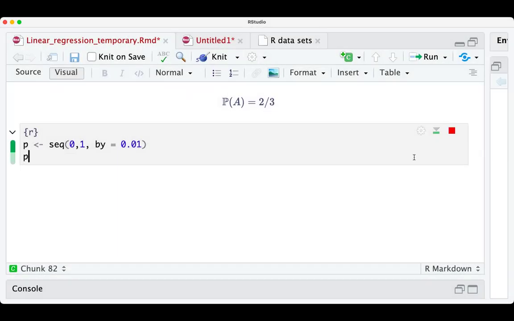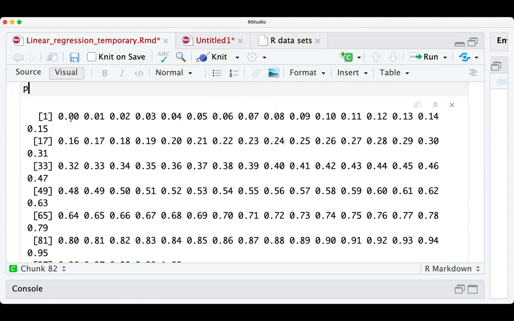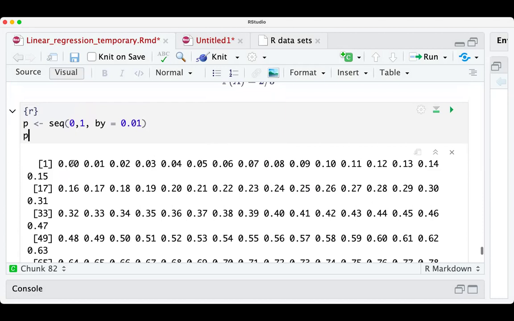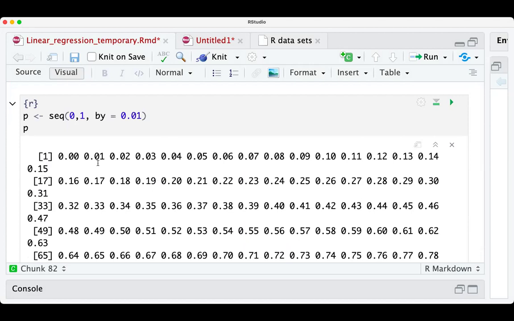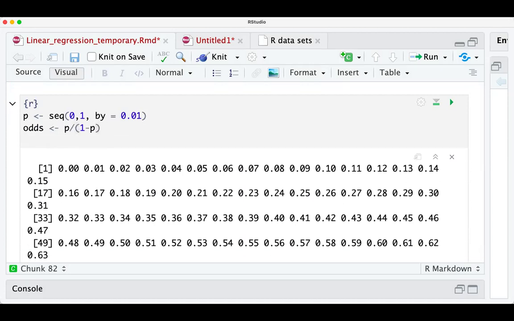It starts from 0 and contains all the points from 0 to 1, separated by this width. So we can compute the odds. The odds, as a function of p, is p divided by 1 minus p, and we save it into the vector odds. And we can plot p. To each p, we associate the odds.